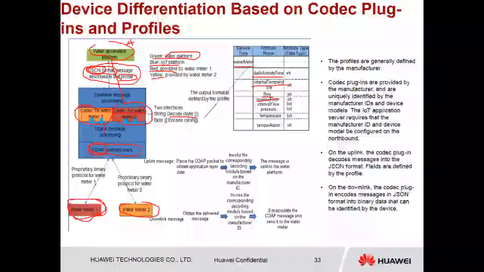So this codec plugin will encode it to its own format and send the message to water meter 1. So this is the process of how the codec works, for encode and for decode here. And the profile helps us to describe this message.